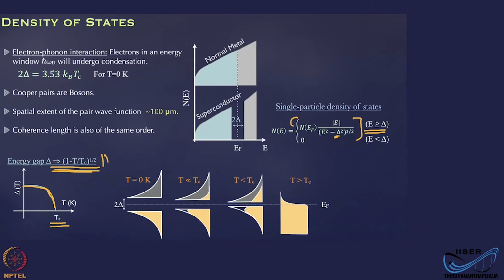So at very low temperature, close to absolute zero, far away from the Tc, the energy gap is 2 delta, and there are no states for electrons or single particles, and this state is for the Cooper pair, and you will have Cooper pairs there.